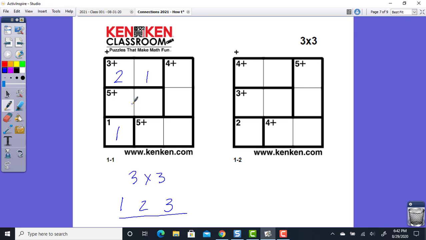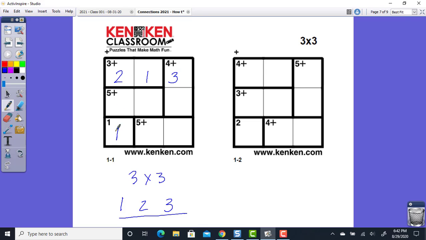Now remember, these are 3x3 KenKen puzzles, so we can only use the numbers 1, 2, and 3. Here we have two of those numbers, a 1 and a 2, which means without doing this math, we know, according to the rules of Sudoku, that this must be a 3.